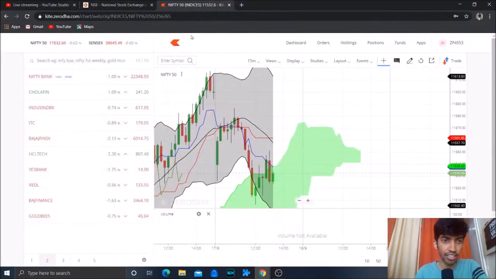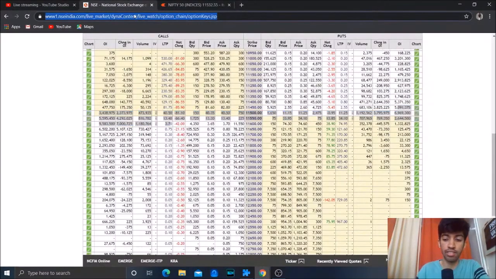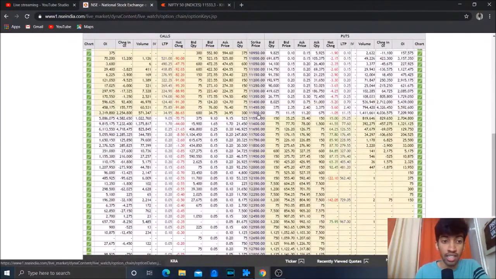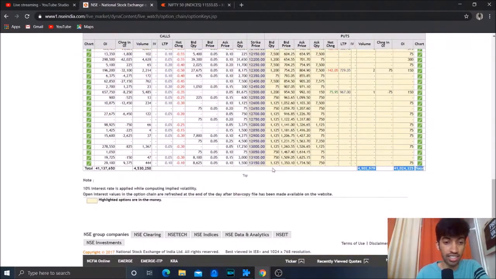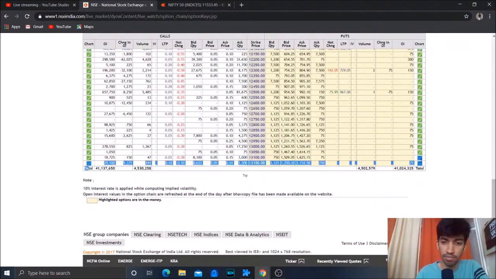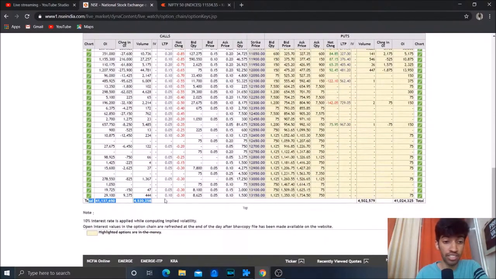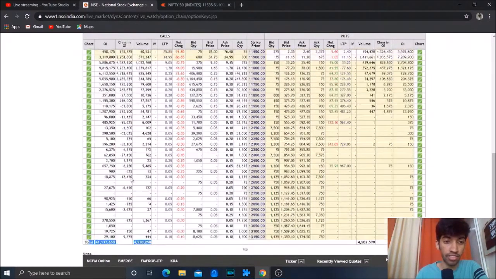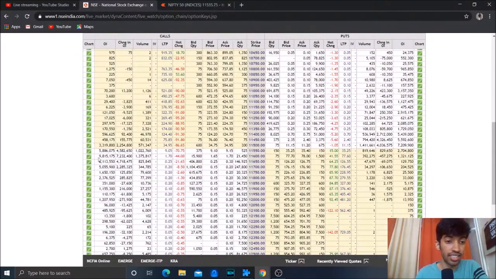We'll just take a quick look at the open interest as well, and what the open interest holds for us. There is 98 lakh at 11,600, and it is more or less expected to be range bound only, because as you can see, there is 4.1 crores on the put side as well as the call side. Both have 4.1 crores, and 98 lakh on the call side, which means it's quite significant.